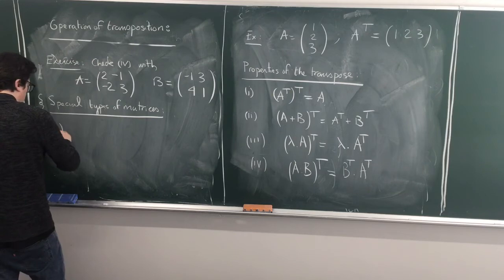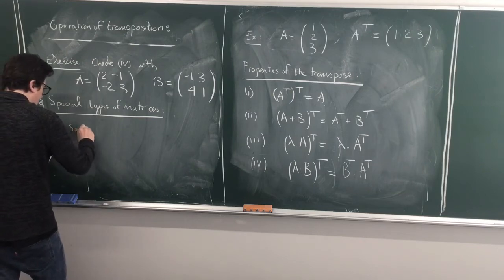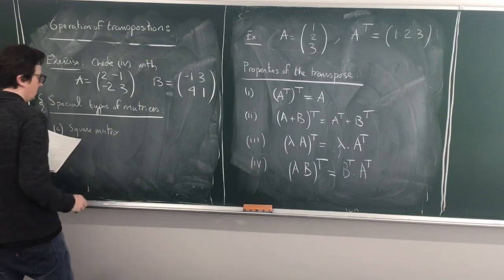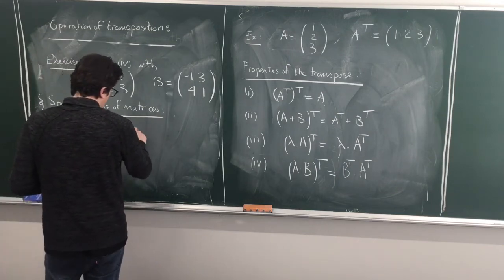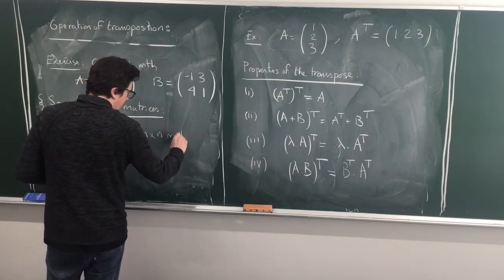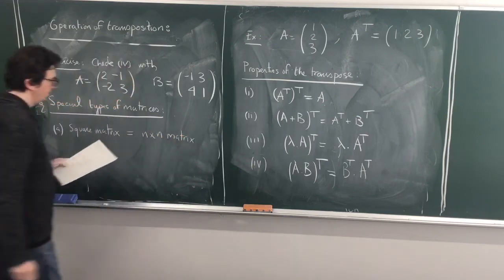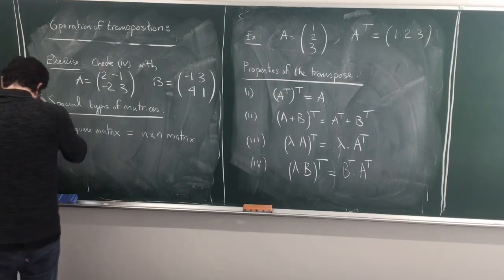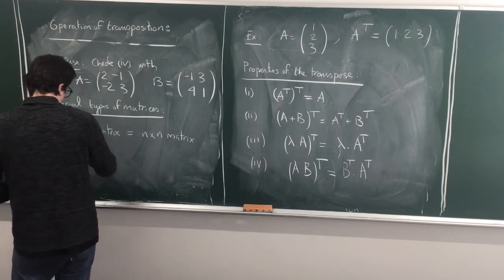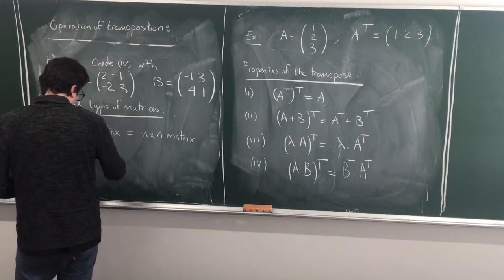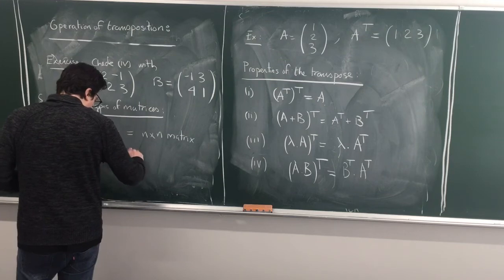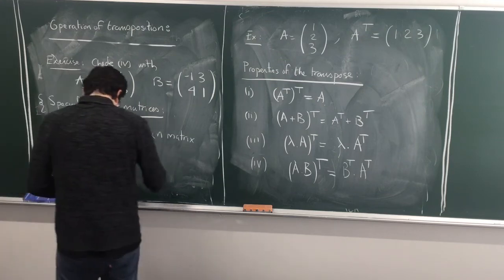First of all, as you remember, we have seen the notion of square matrix. Okay, a square matrix will be an n times n matrix. Now, a new type is a so-called upper triangular matrix.